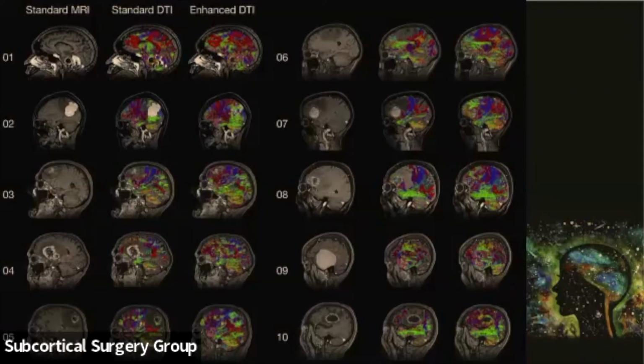And so this is a summary of our findings. On the right, you see standard MRI. Adjacent to that, you see standard DTI. And adjacent to that, you see enhanced DTI. I want to point out that the case on the far right is a primary tumor. That's a hemangiopericytoma.